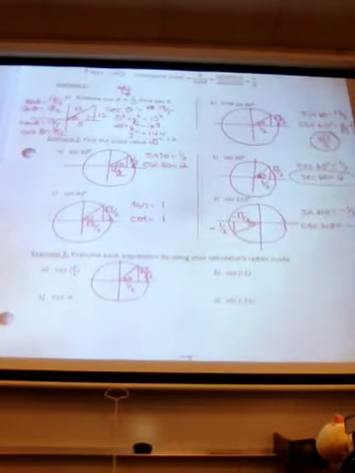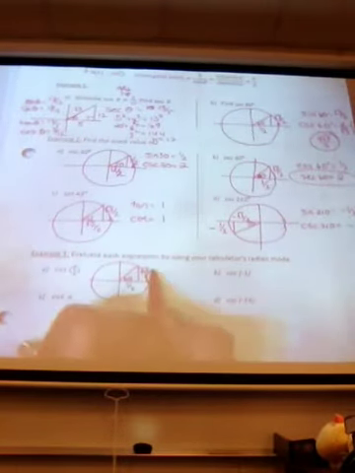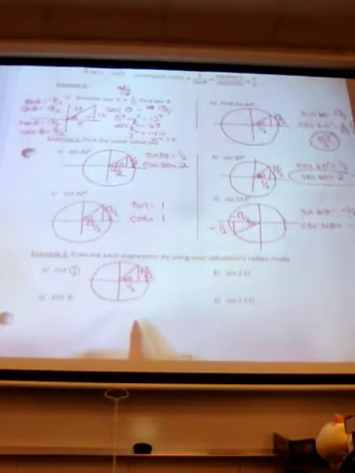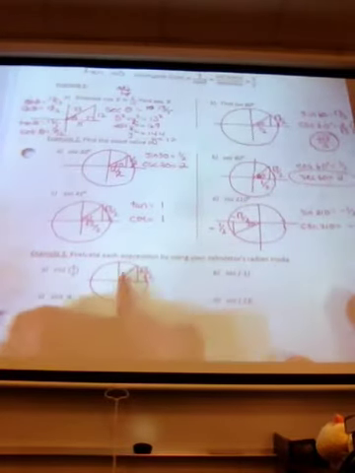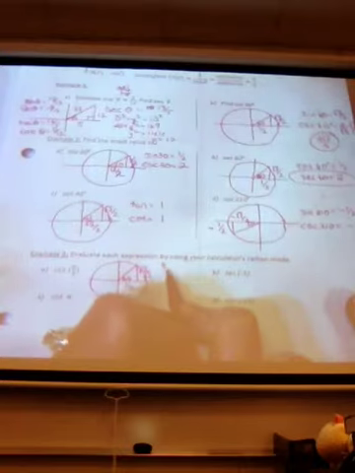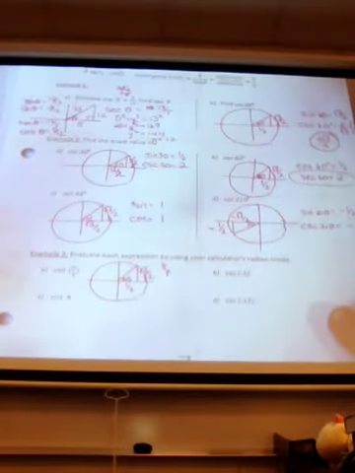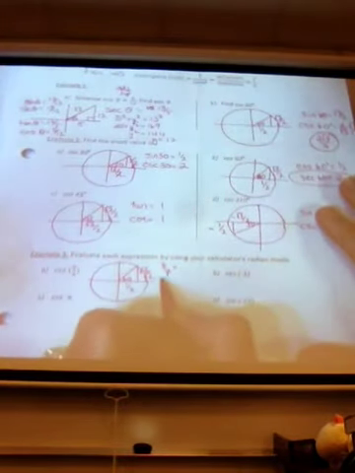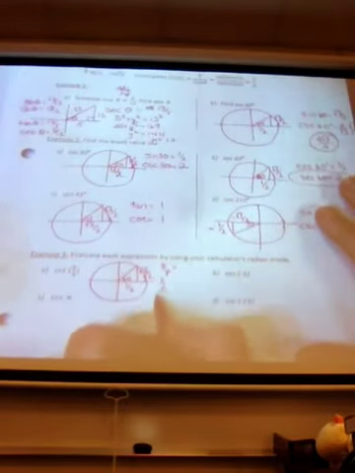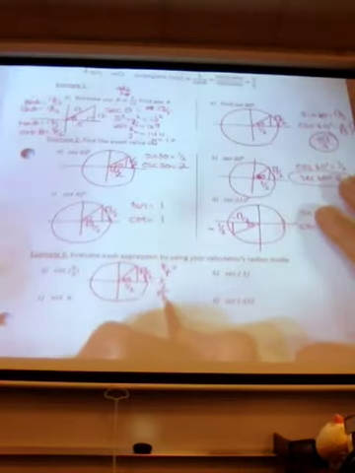So on here, for tangent, it's y over x. But the other one is, if it's y over x, this will be x over y. Correct? Everybody follow what I just did? Okay, because I kind of did 2 steps at once. So I have 1/2 divided by radical 3 over 2.